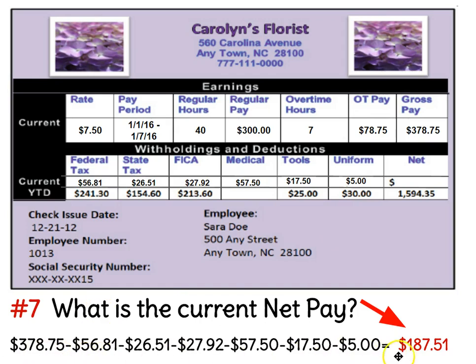When we subtract all of those out, we find that her total net pay for this pay period is $187.51. And notice the pay period is listed on here as well.